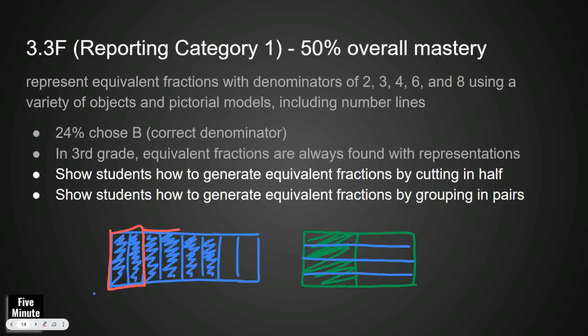So let's put these in pairs. 1, 2, 3, 4. So 3/4 is equal to what I originally had, 6/8. And that's the way we can visually, because it's always going to be with representations. And we could do the same thing with these fraction strips. We can use those with number lines as well.